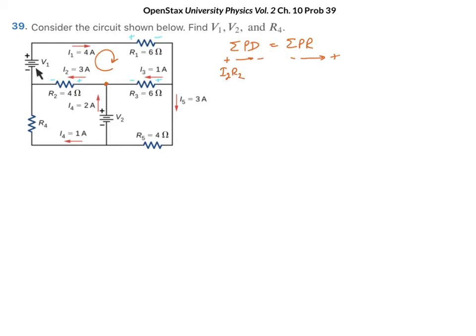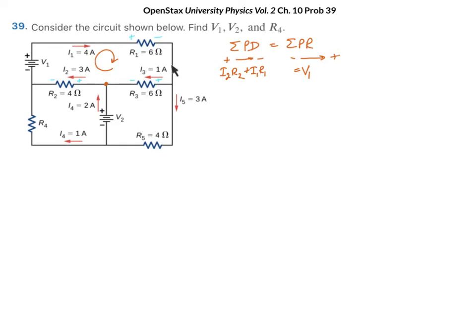Then I'm going to go through the battery from the negative to the positive. So from a low potential to a high potential, that means that it's a rise. So that goes on the rise side of the equation. Then again, I'm going from the higher potential to the lower potential through resistor 1 with current 1. So that would be on the drop side, and we'll call that I1R1.